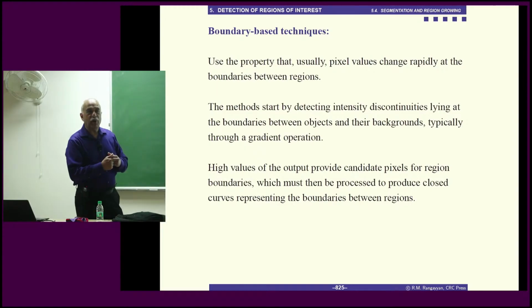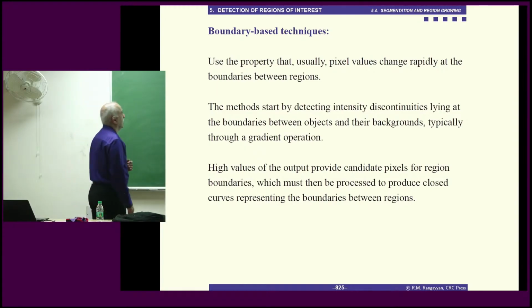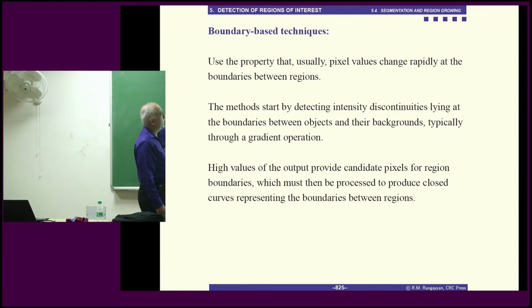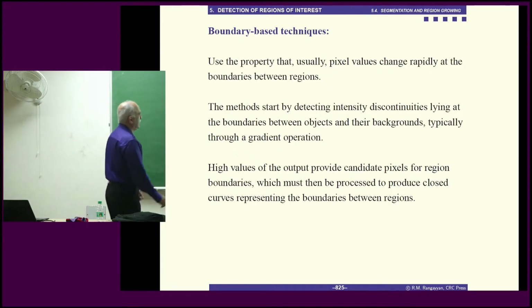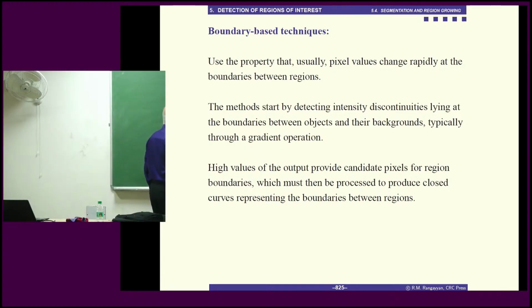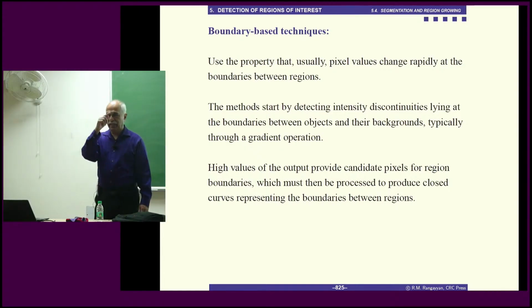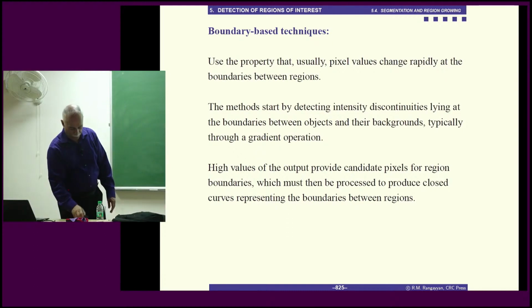So you want to detect the boundary. So you start by detecting intensity discontinuities, that is derivatives, using a gradient operation. High values provide candidate pixels for region boundaries, like these. And then you say, I'll connect these and say that is one region, this is one, and that is another. The problem again is some of these boundaries may be broken, then you have to fill the boundaries and make sure that they give you a closed region.